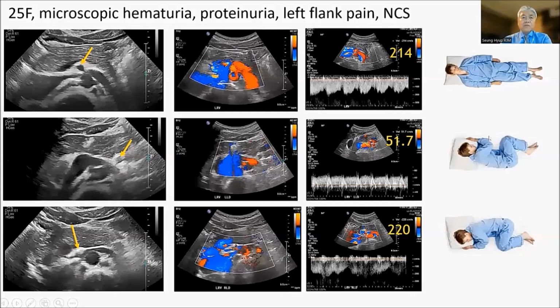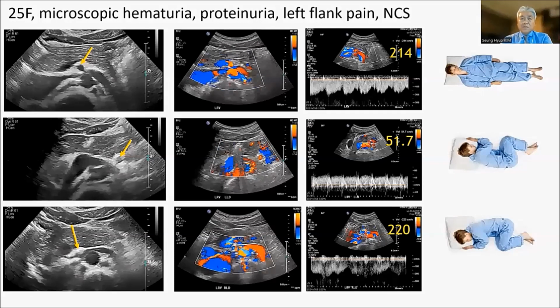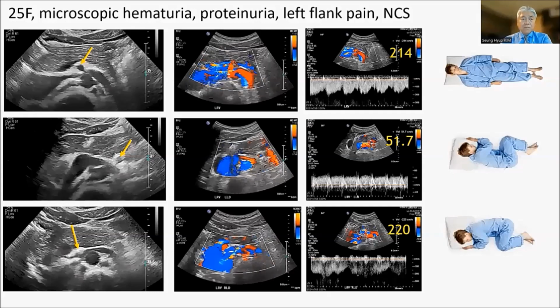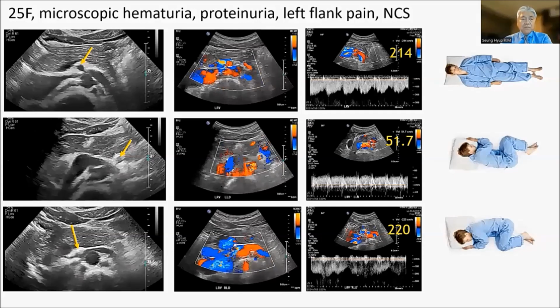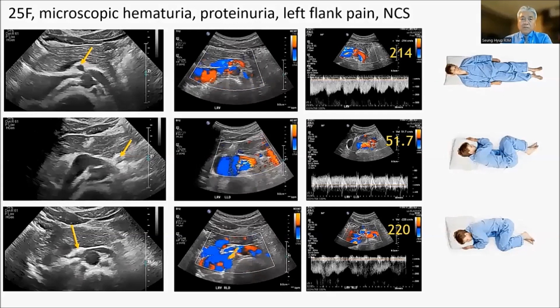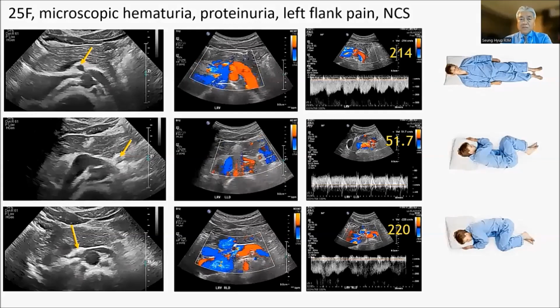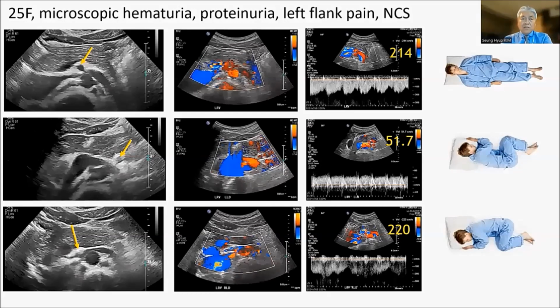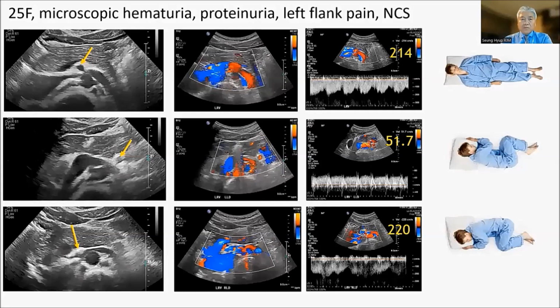And she came back to my clinic 1 week later with a bright smiling face and told me that her left flank pain disappeared. This case well illustrates the ability of a well-performed Doppler ultrasound examination in the diagnosis and also in the management of patients with Nutcracker syndrome.